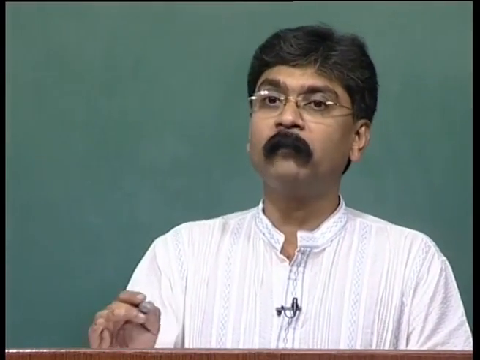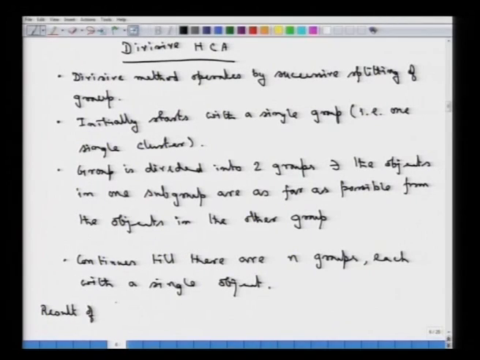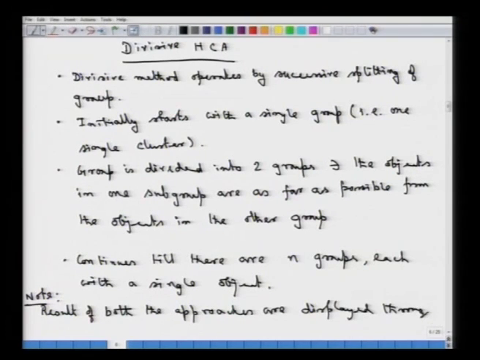Now, the output of both the agglomerative hierarchical approach and the divisive hierarchical approach are represented through the dendrogram diagram. Results of both the approaches are displayed through the dendrogram tree.